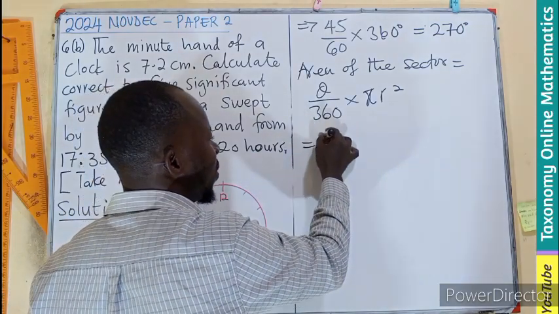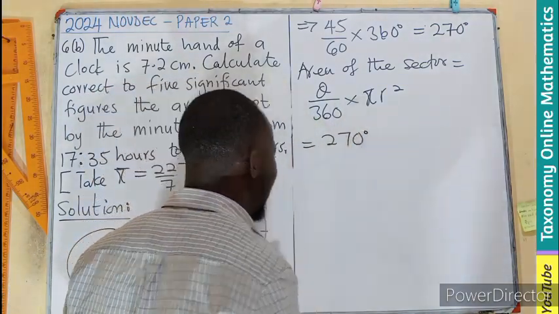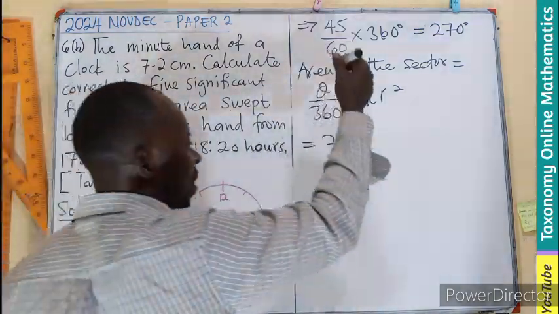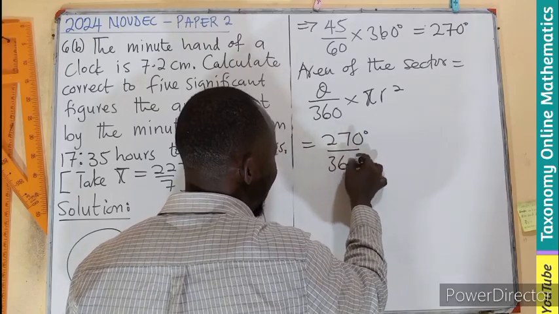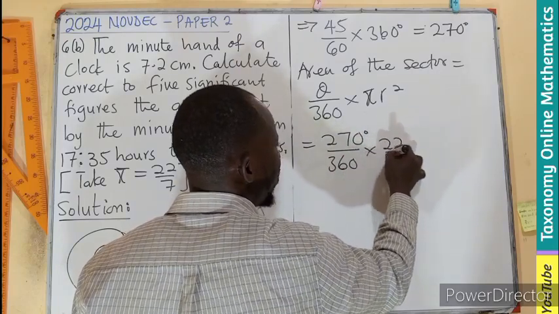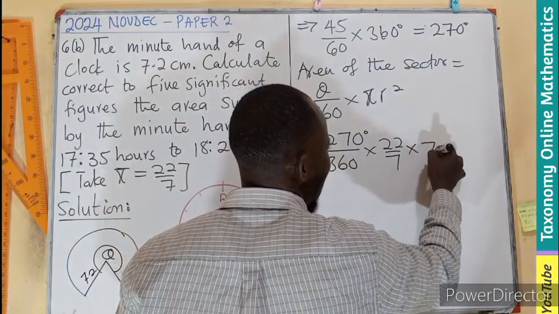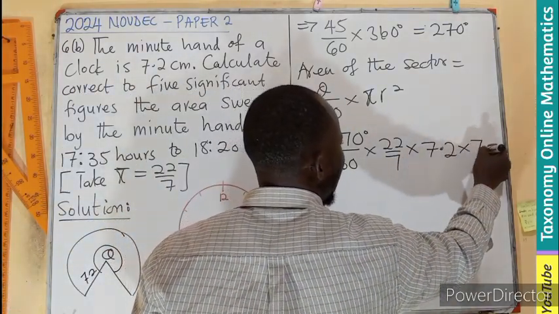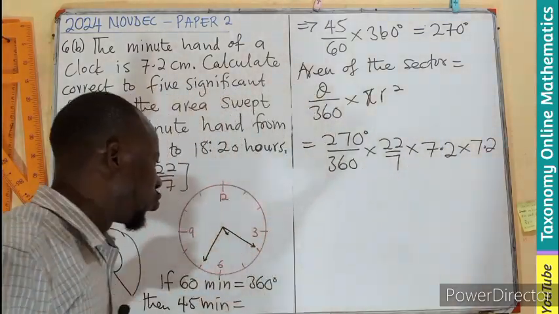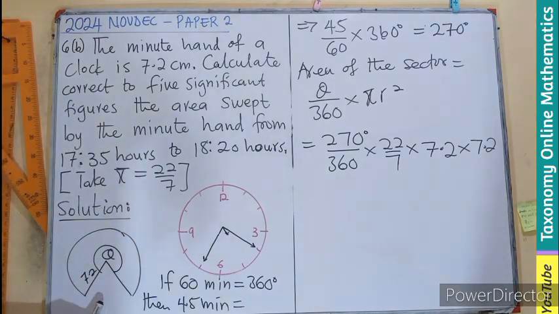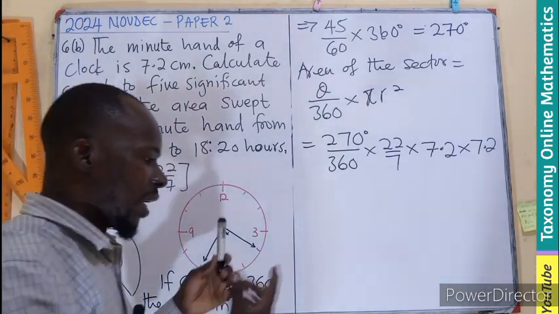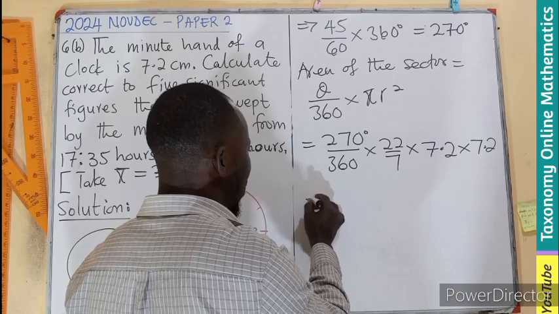So fast forward, we can have our 270, which is the angle found in there, divided by 360 times 22 over 7, representing the pi, times 7.2 times 7.2. 7.2 is the radius, which is the length of the minute hand. So I think we can put this in a calculator.